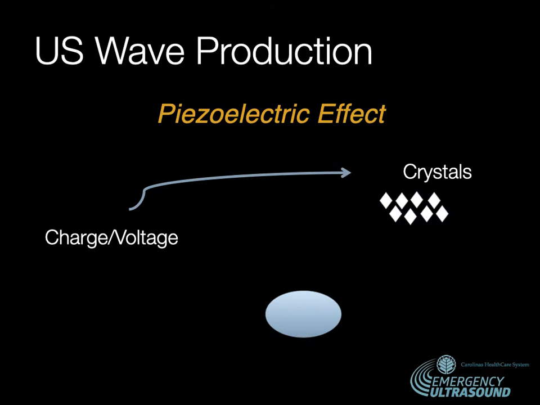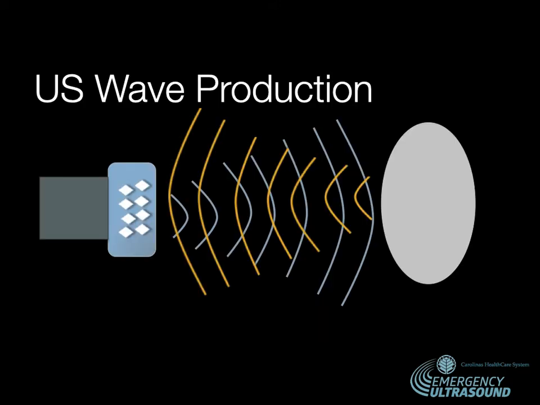The vibration of the crystals produces a sound wave that then travels through the medium to an object and is then returned back to the ultrasound transducer in the crystals, which act as a speaker and then receiver. The received signal is then translated to an ultrasound image that we see.